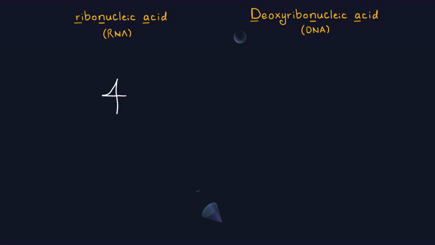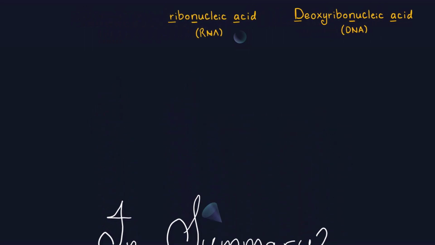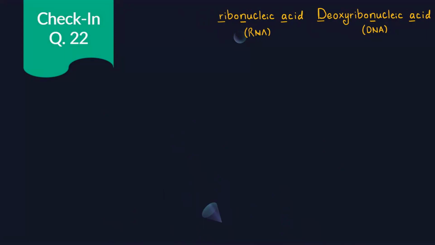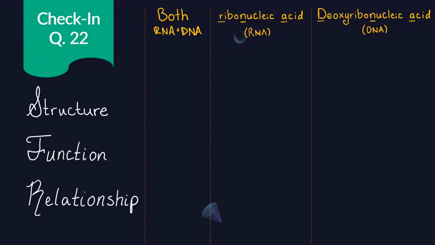So, in summary, well, actually, let's have you do the summary as your next check-in question. For this check-in, you're going to make a table evaluating the relationship, the function, and the structure for both RNA and DNA, as well as for just RNA and for just DNA.